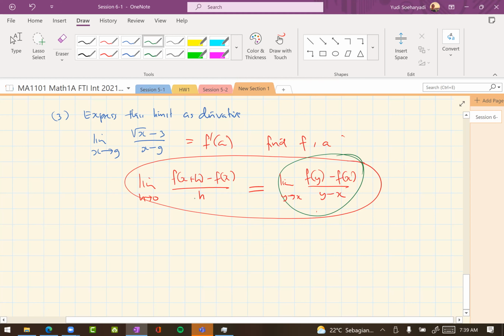So let's rewrite this one first. This is the same as, let's change the variable. Nothing prevents you from doing this.